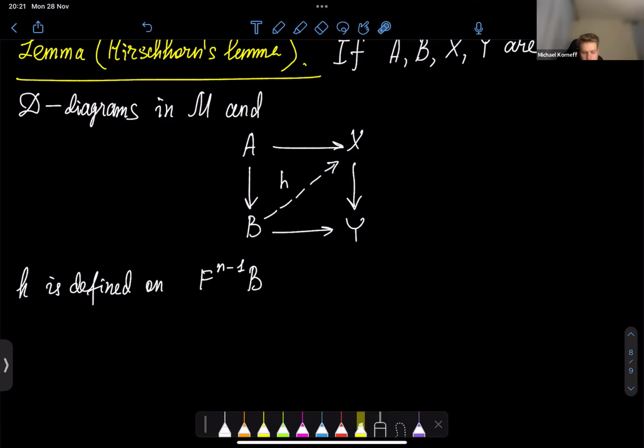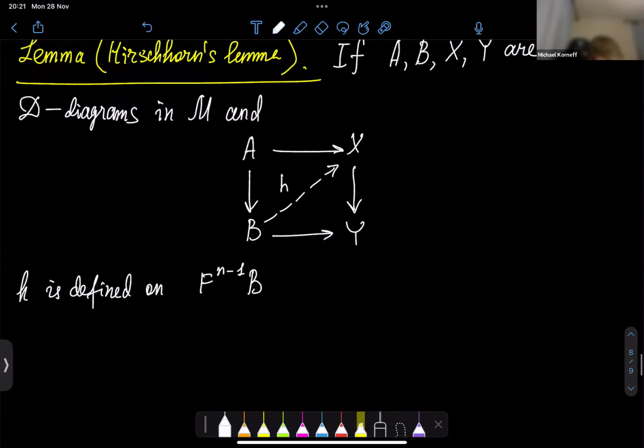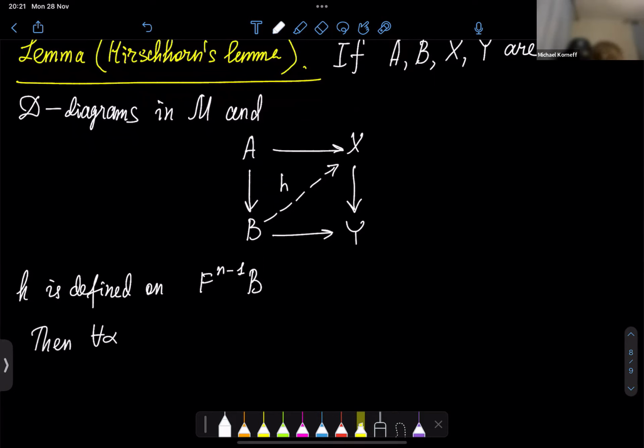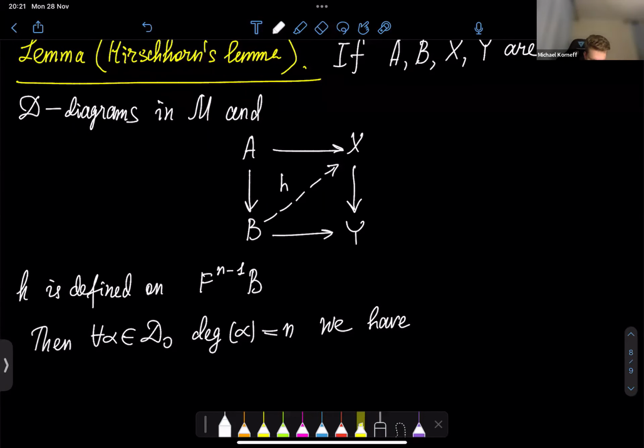Then we want to extend this map to the n filtration. Then for any alpha from D of degree n, we have an induced solid arrow diagram.